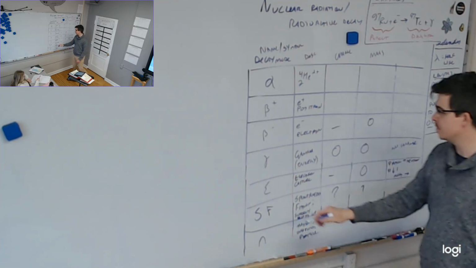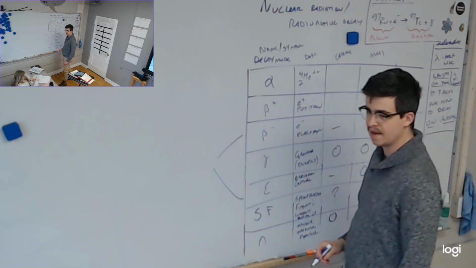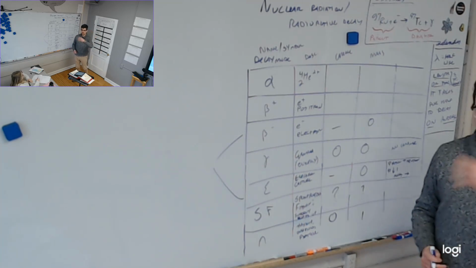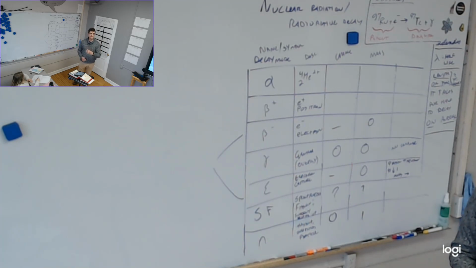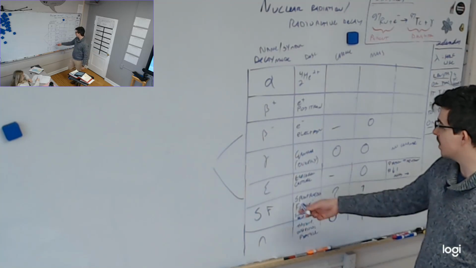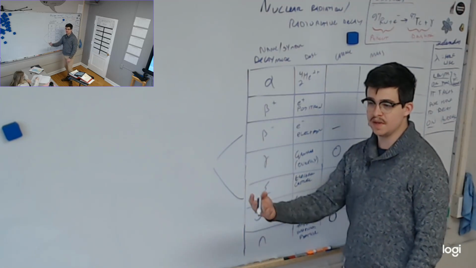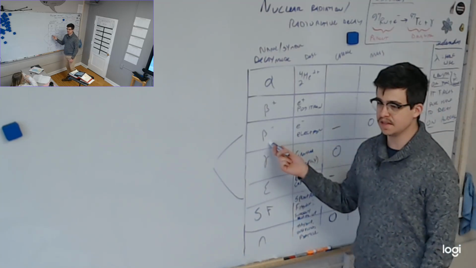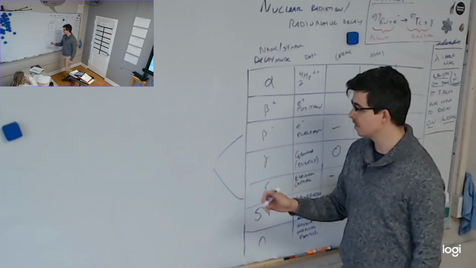What's the difference between electron capture and beta minus decay? In electron capture, the nucleus is capturing an electron. It changes the proton. Yes. In electron capture, the electron is being received by the nucleus, changing a proton into a neutron. In beta minus decay, an electron is leaving the nucleus.